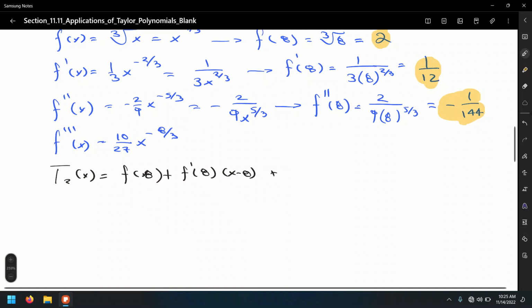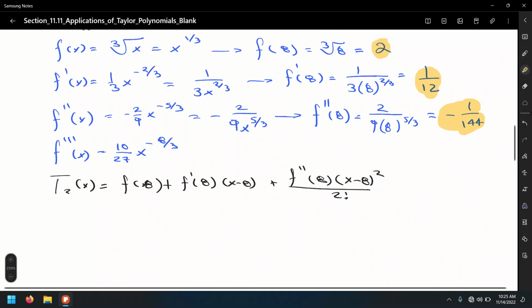And plus f double prime at 8 times x minus 8 squared over 2 factorial. All right, so let's write down the corresponding coefficients, all these numbers that I'm highlighting here are the coefficients that we found in the previous part.